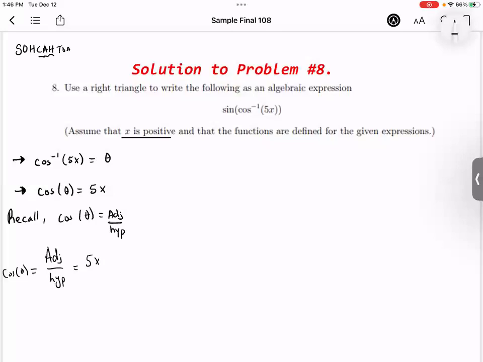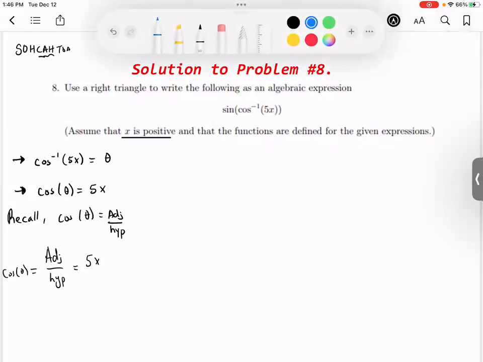Based on your right triangle, you can label at least two of the sides. Your adjacent is going to be 5x, but what do you think your hypotenuse is going to be? Anybody have any ideas? Think about it. You have a ratio, adjacent over hypotenuse.